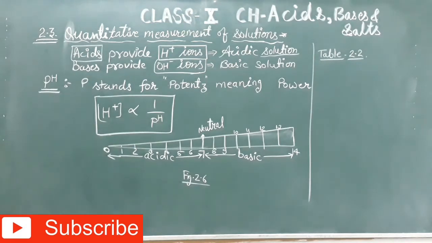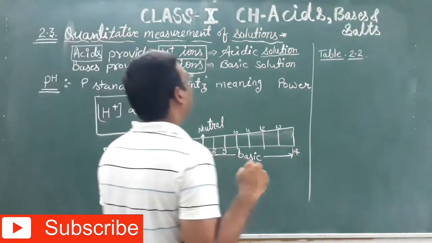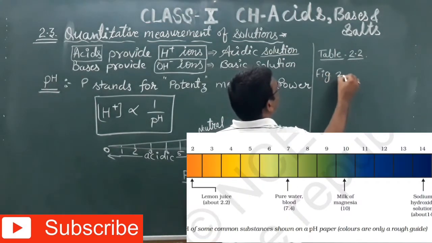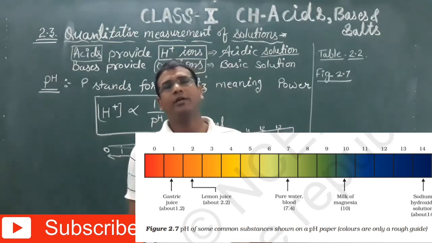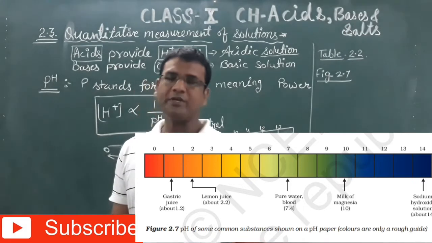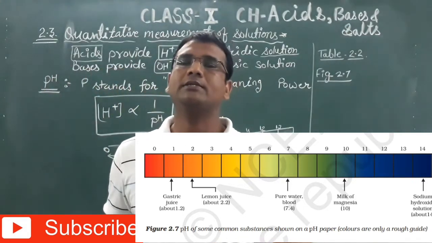Then one figure is there, figure 2.7. In that figure one diagram is there, and in that diagram the pH of some known chemicals is given.